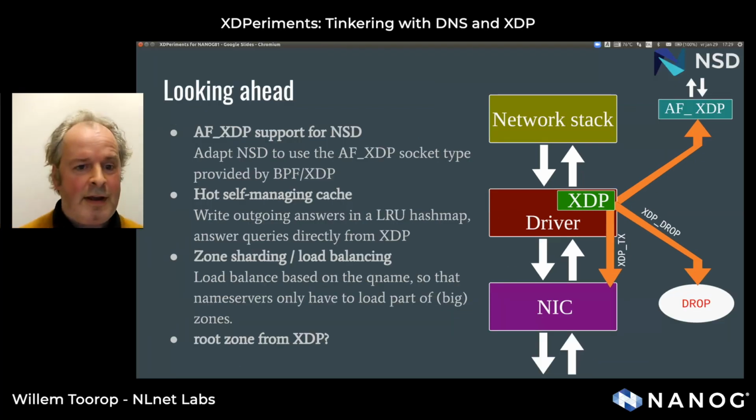We're also looking into load balancing large zones over multiple name servers, using XDP to shard or send the queries to the correct servers. We would also like to try in the future to serve the root zone from XDP.